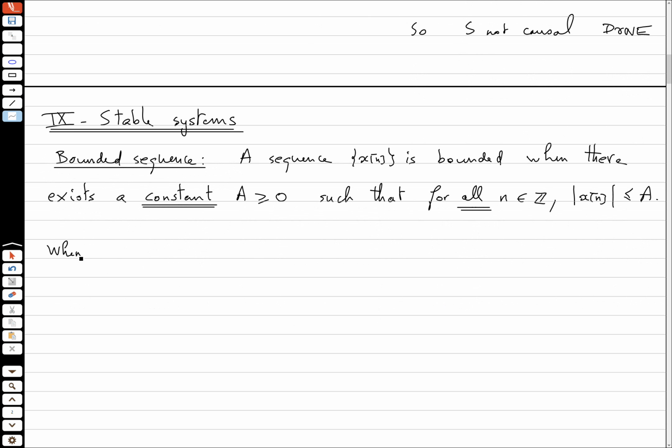This is a valid definition for complex sequence, but when x of n is real, you know that writing that is equivalent to saying that x of n is between minus A and A. You know that is the same thing.